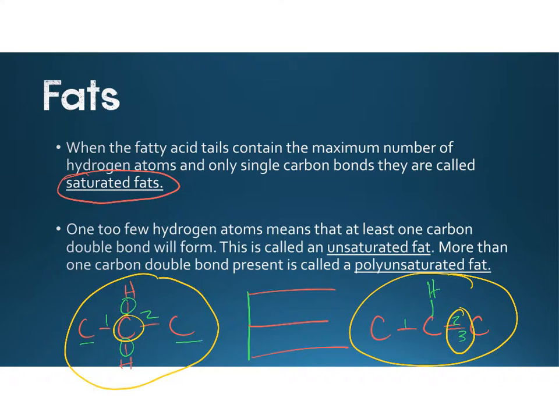there's only single bonds to the other carbons, so the maximum number of hydrogens I could fit in there would be 2. In this other example, this central carbon has used up an extra bonding site by double bonding to this other carbon over here. In using that up, we can only fit 1 hydrogen around that carbon, so that would be considered an unsaturated fat because it has at least 1 carbon double bond.